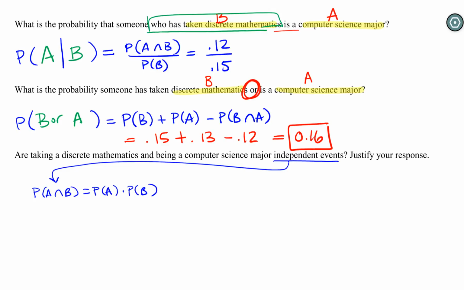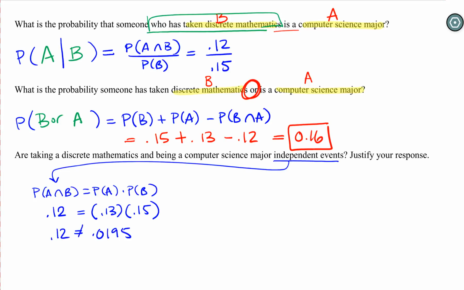So our A and B, we've used this number twice now, 0.12. A by itself, 0.13. B by itself, 0.15. Now all I need to do is multiply 0.13 and 0.15 and see if that equals 0.12. So we get, is 0.12 equal to 0.0195? These are not even close. And remember, we are now in math land. So if something is not exactly the same, we can say that they are not independent.